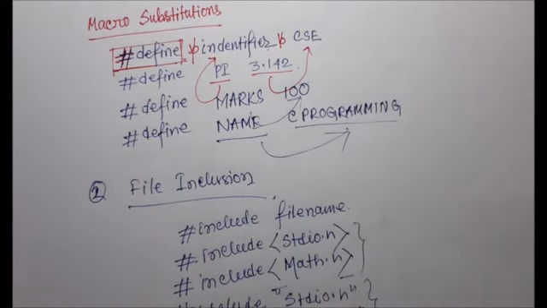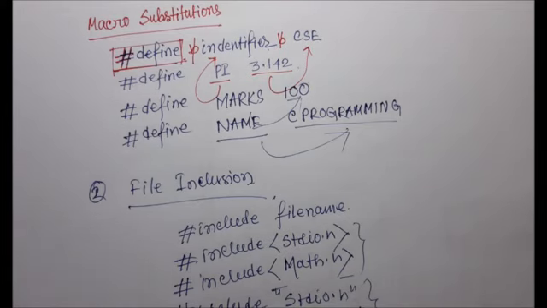So we can use double quotes or angle brackets, but there is a difference between them. Whenever the file name is written within a pair of angle brackets, the specified file is searched only in the standard directories. But if I use double quotes, the file is searched first in the current directory, then in the standard directories.